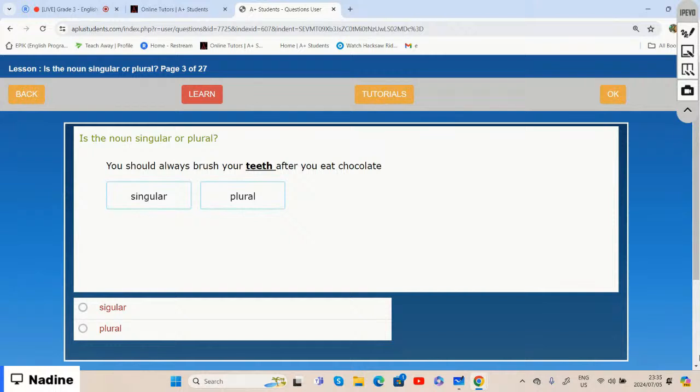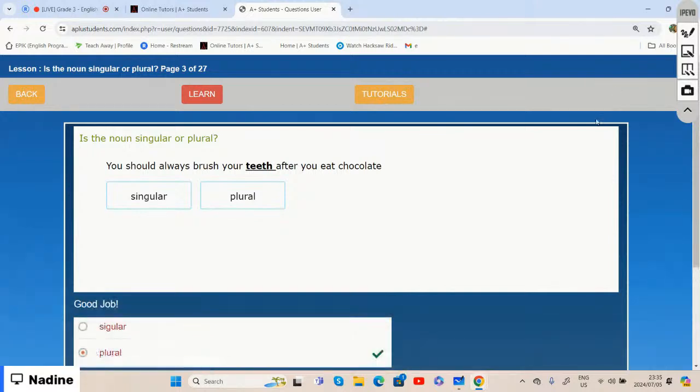If we were to identify that, then yes, teeth is plural. So well done. Option two is correct. It is plural.